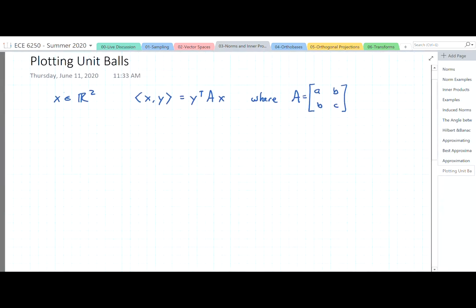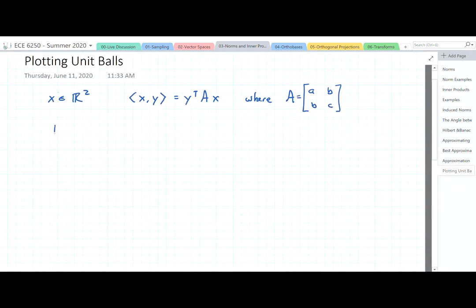So the question is, if we have the norm of x being the square root of the inner product, I'm going to indicate that this is the weighted inner product by putting a subscript A on all of these. If we define our norm as the induced norm from this inner product, how do we plot the unit ball?